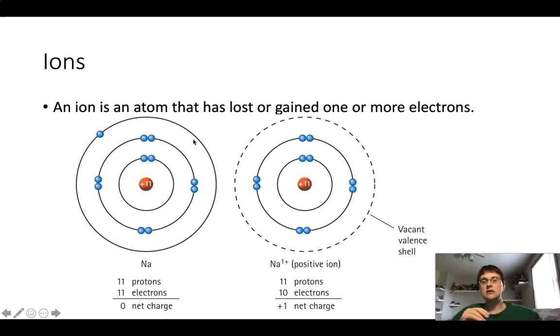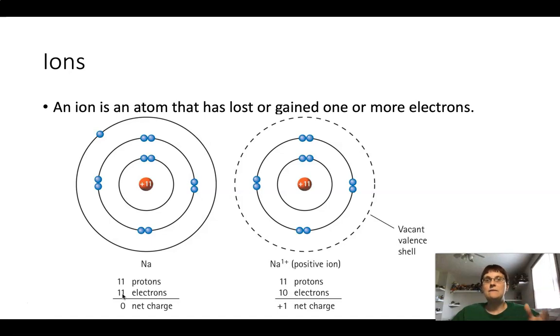Now, sodium here, you can see sodium has 1 lone electron by itself because sodium has 11 electrons when it starts. In order for it to be a stable, happy atom, to have that outer shell with the 8 in it, it has 2 options.